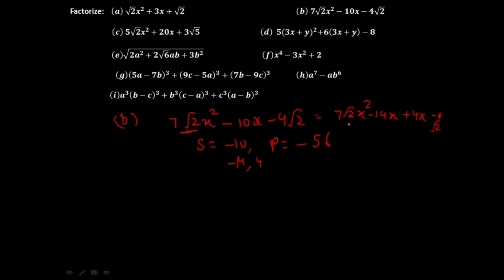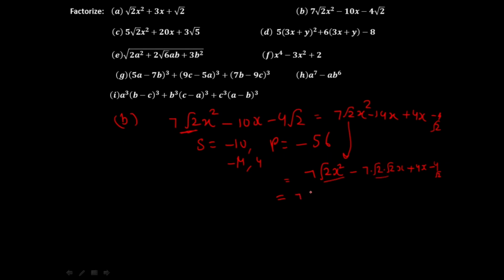Okay, I'm writing this over here. So 7 root 2 x square minus, this is 14. 14 further can be written as 7 times root 2 times root 2x, plus, this is 4x. Okay, right, as it is, 4x minus, what was this value? This was 4 times root 2. Now what is common here and here?